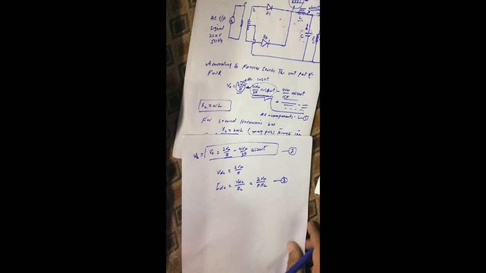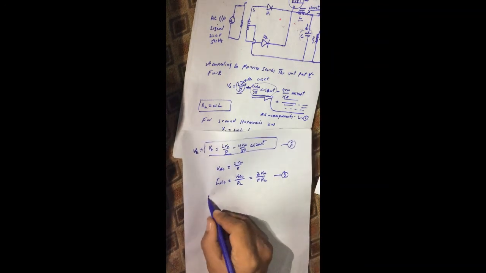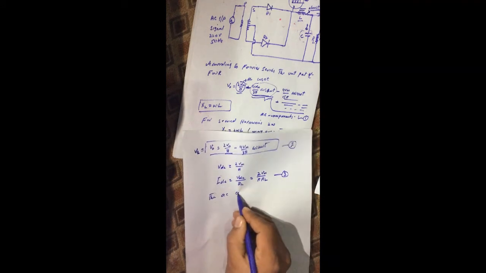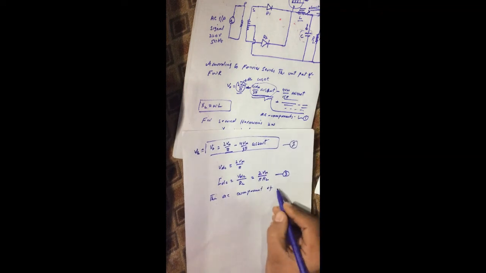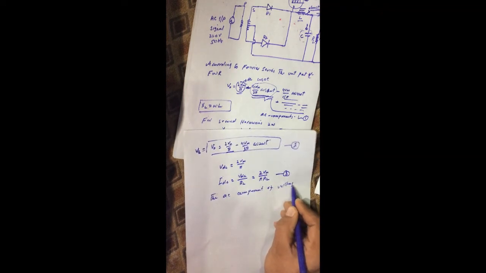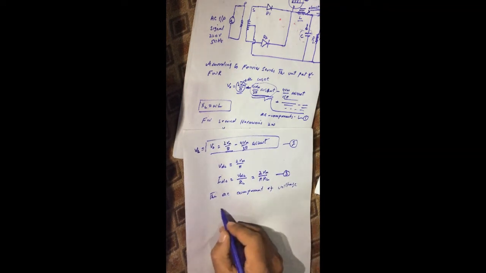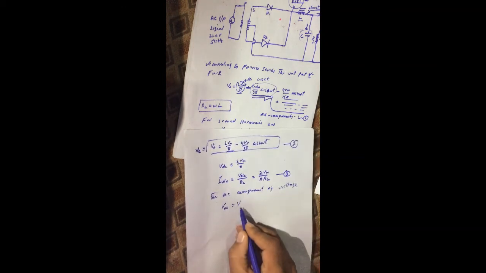Now next we will calculate the AC current or the AC component of voltage. The AC component of voltage will be VAC, or we call it V ripple.